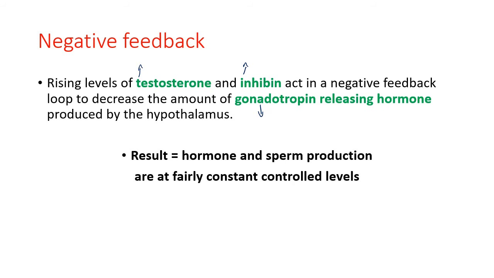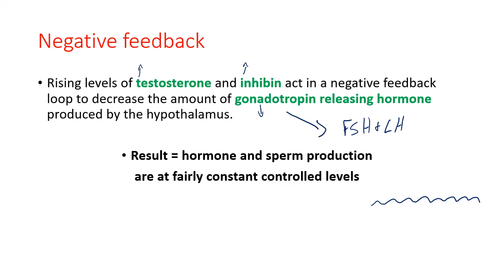And so our gonadotropin releasing hormone, as it falls down, that's then going to lead to a decrease in FSH and LH, and that's then going to lead to a reduction at that time.